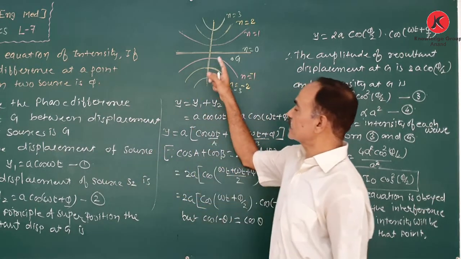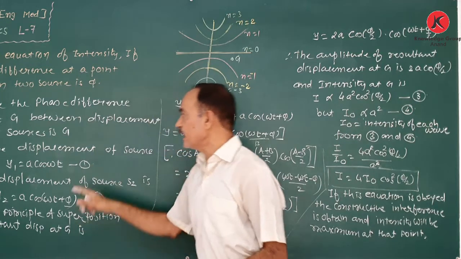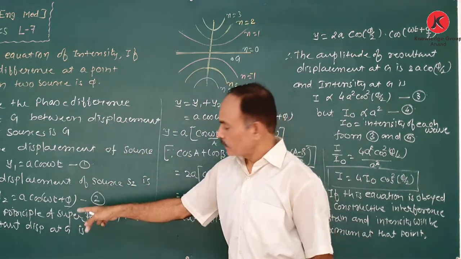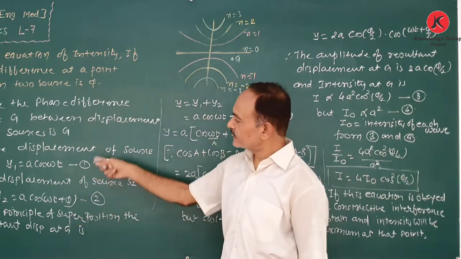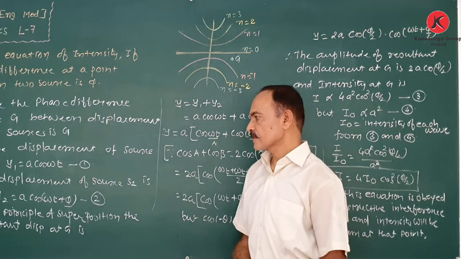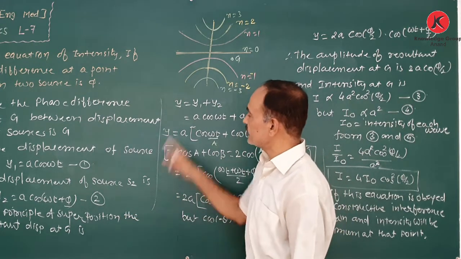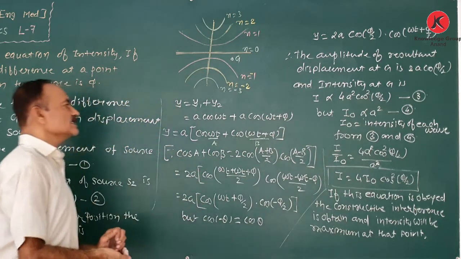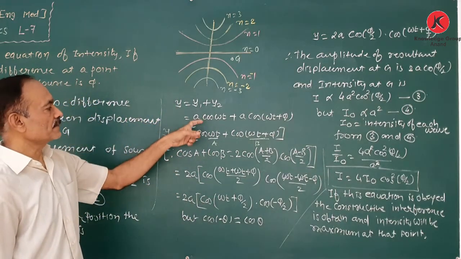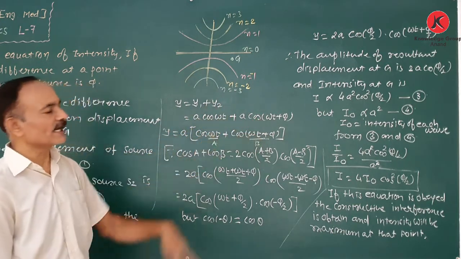The displacement of the source S1 is Y1 is equal to A cos omega t, and due to the source S2, which is phase ahead of Y1, it is A cos (omega t plus phi). From the principle of superposition, the resultant displacement at G is Y is equal to Y1 plus Y2, so A cos omega t plus A cos (omega t plus phi).